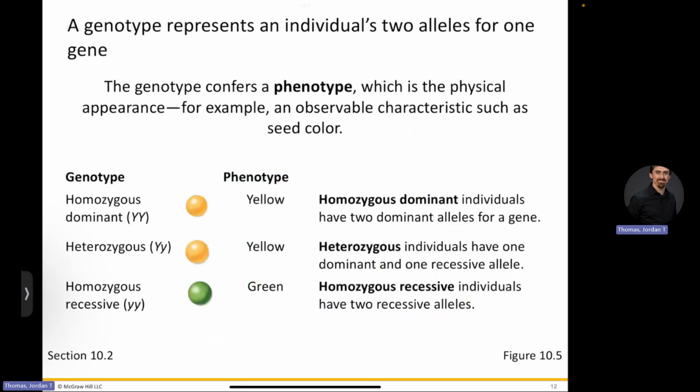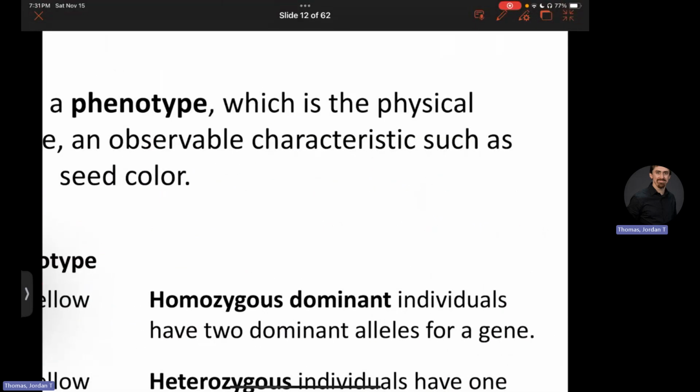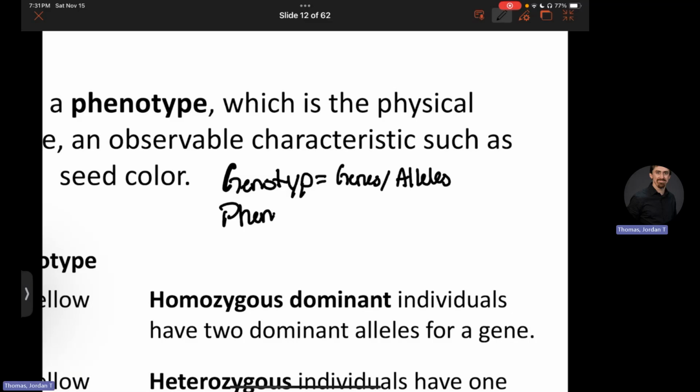There we go. So again, if I zoom in, let me write that down again. Genotype, you go to genes or the alleles. Phenotype, it goes to the physical characteristics.